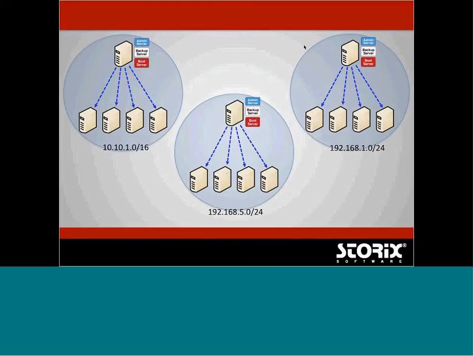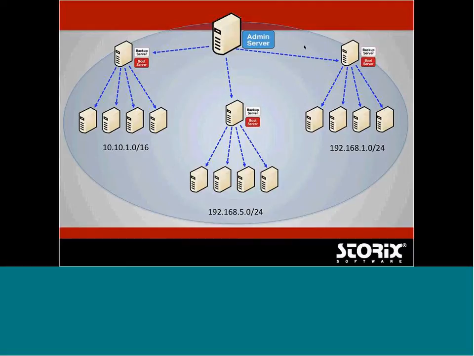No, that's not scalability. That's just piling on more systems. What you want is your admin server able to speak across these other networks, and you set up a backup server in these different network segments or at different data centers, however you have it set up. That way you can write to more than one location.